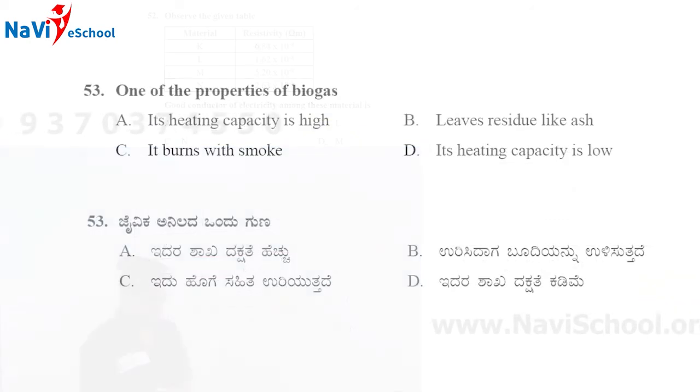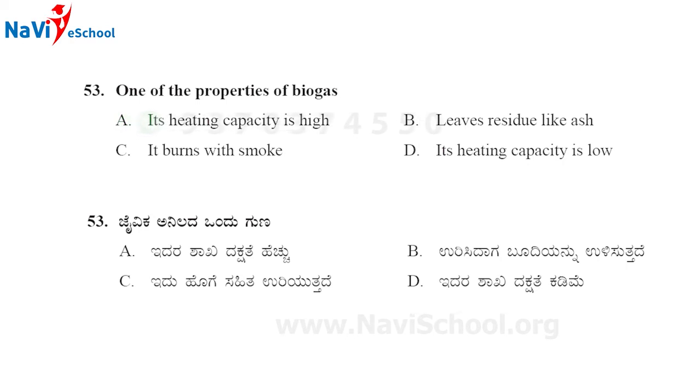Next, question number 53. One of the properties of biogas: option A, its heating capacity is high. Option B, leaves residue like ash. Option C, it burns with smoke. Option D, its heating capacity is low.